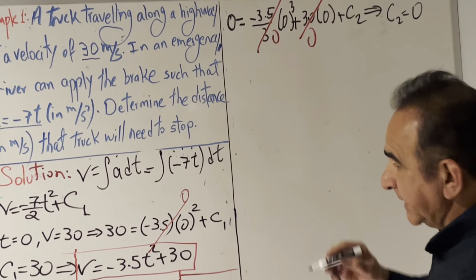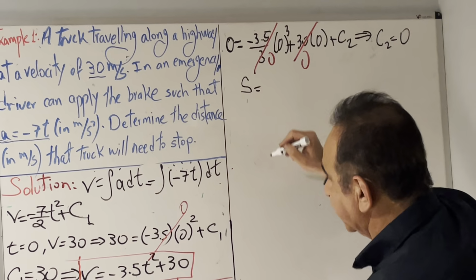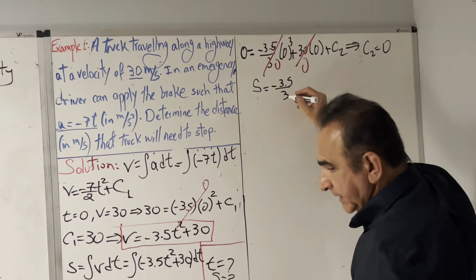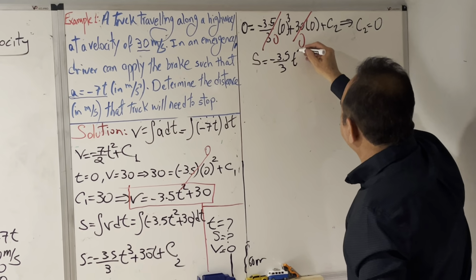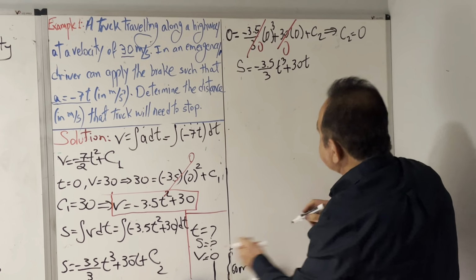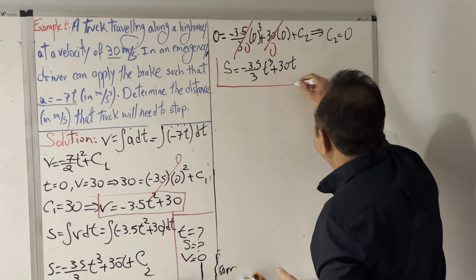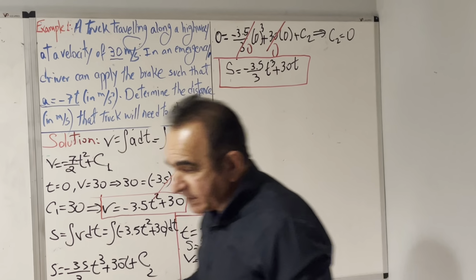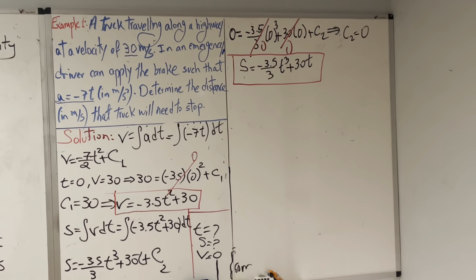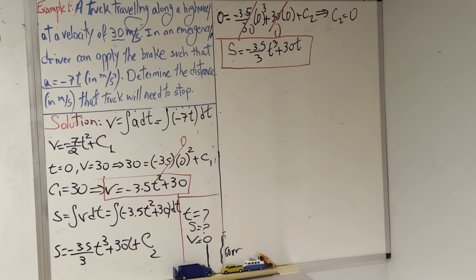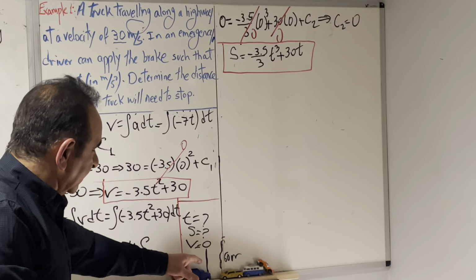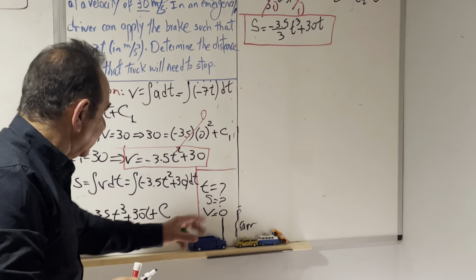And the equation of the displacement S will be minus 3.5 over 3 t cubed plus 30t. As C2 is 0, we just stop here. We have the equation of displacement. With this equation, we can find the distance at any time, but we are interested in finding this distance at the final time, when the truck stops completely.